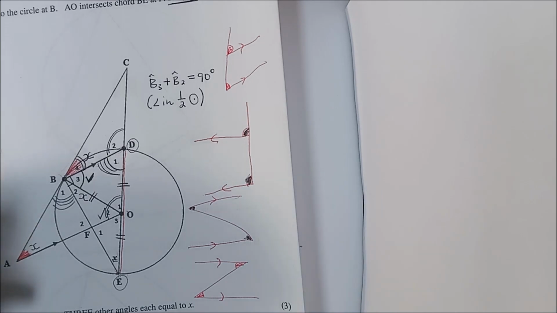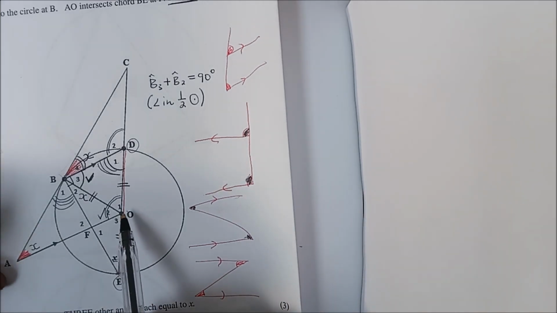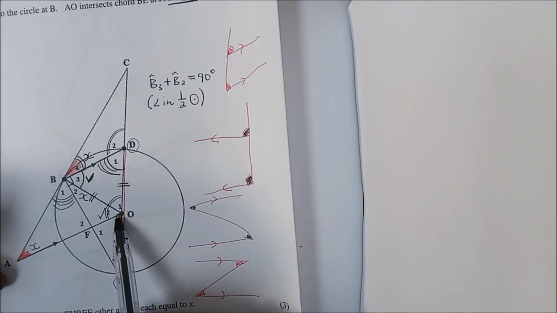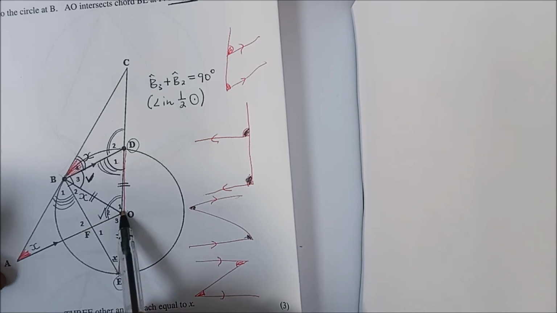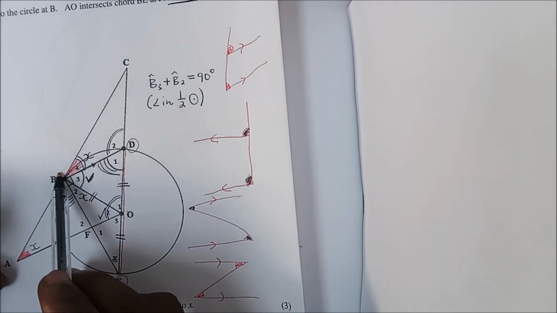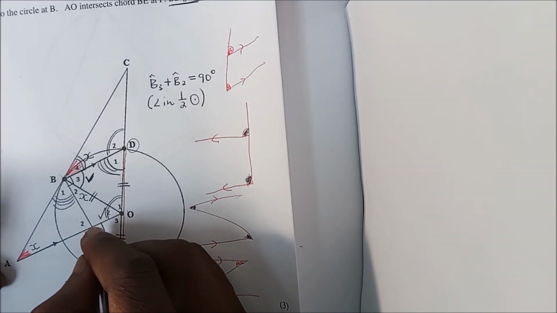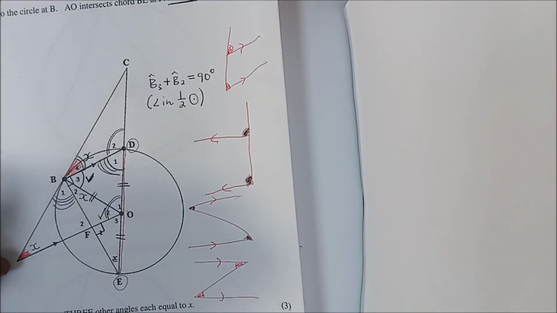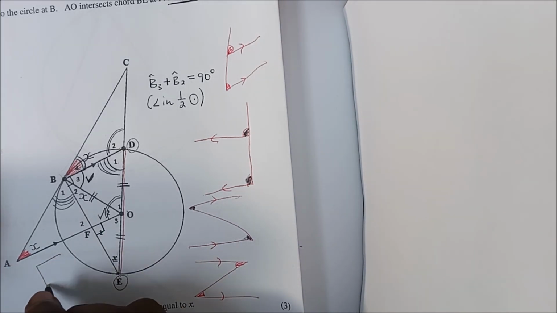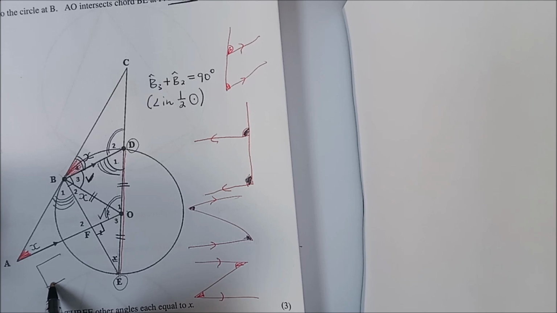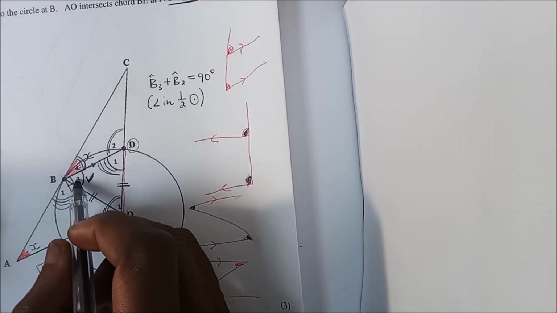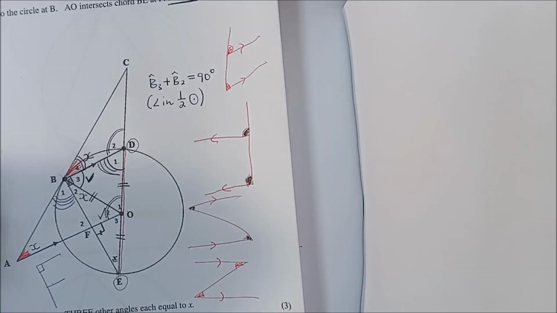And do you remember that theorem that says a line drawn from the center bisects the chord? So it bisects which chord? Chord BE. So that means B1 here will be 90 degrees. Or you can use the F in that direction. If we use this F, can you see that this angle here is 90 degrees?